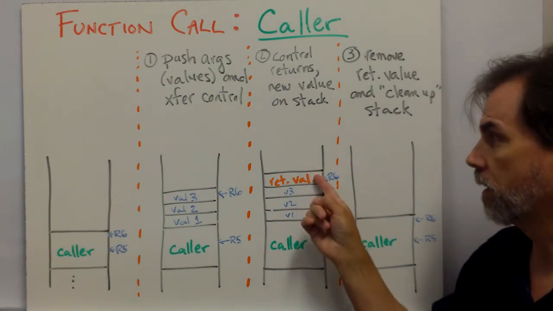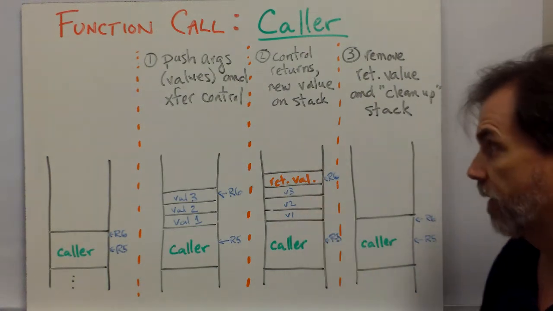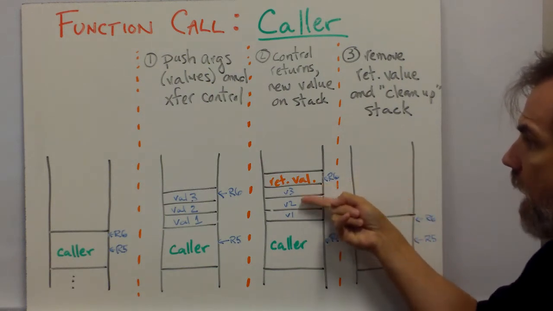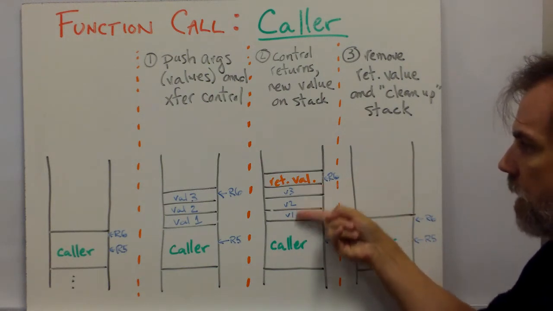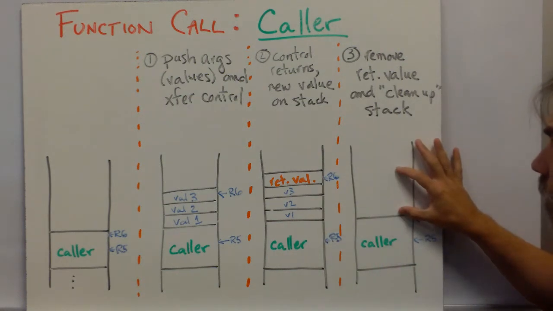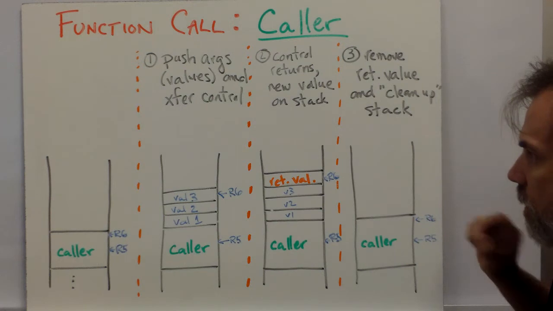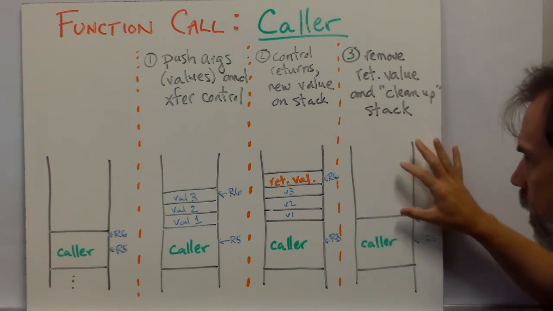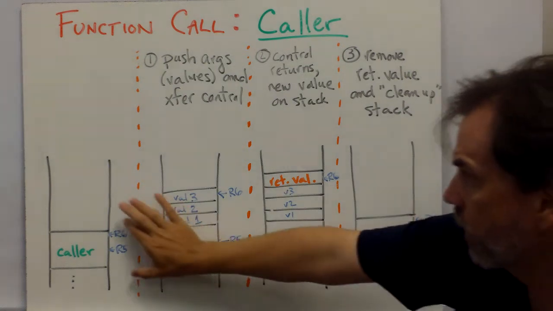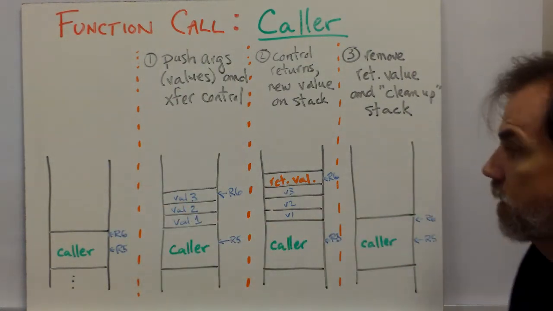So now we can read that value from the top of the stack and use it. We also need to pop off the values that were placed there, and at the end, when we're done with the function call, we've used the value. There's nothing more on the stack other than the original activation record that we started with. So this and this are exactly the same.